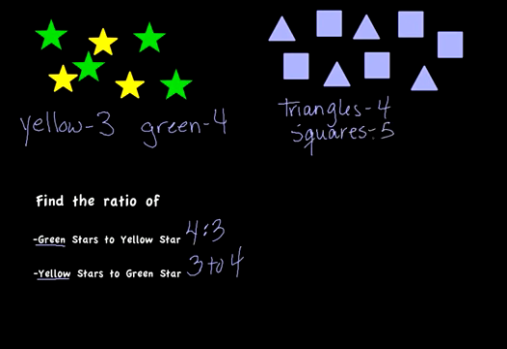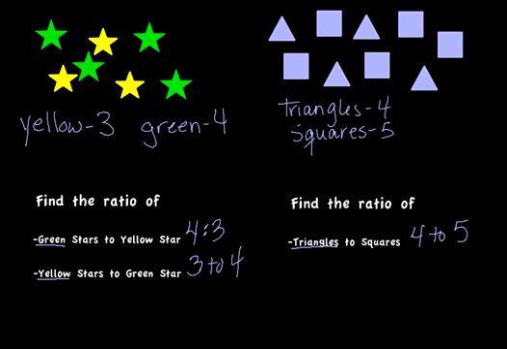All right, so let's look at our problem. Find the ratio of triangles to squares. All right, well in this problem, triangles comes first, so I'm going to do 4 to 5. All right, that's easy. Let's look at our next problem.